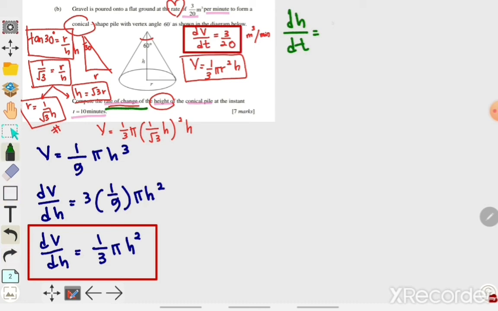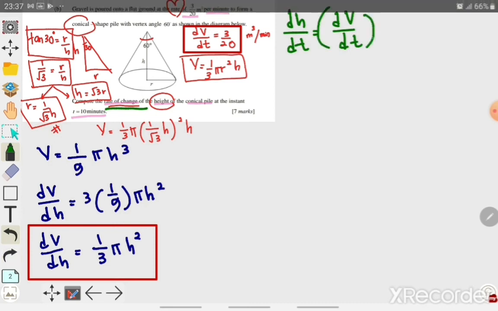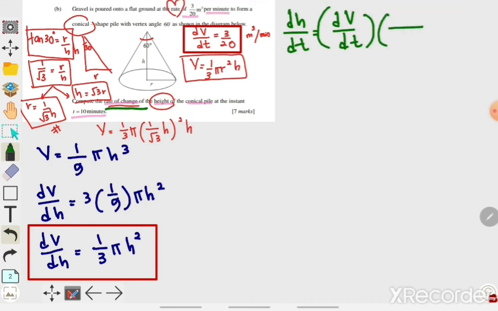This must be dv over dt, because this over dt must be the same. Next we need to multiply by dh as our denominator, so the denominator is dh over dv. Then dv dt is 3 divided by 20 and times dh dv. So this is dv dh, we just swap this. So you have that this equals 3 divided by pi h square.